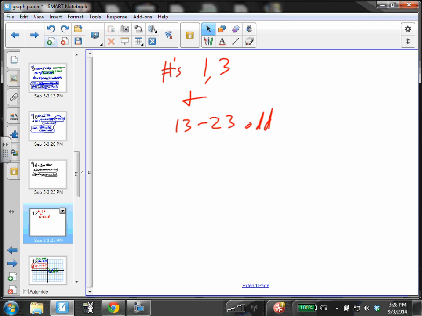Okay, so 1, 3, and 13 through 23 the odd on page 167 in your textbook.